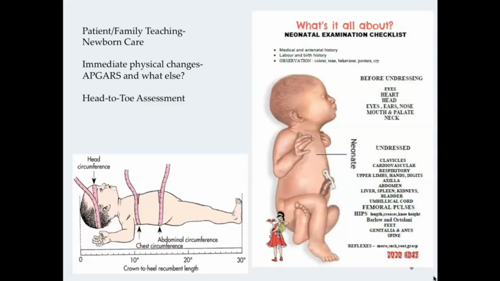You're checking their nose to make sure for nasal patency. You're checking the ears to see if they align with the outer canthus of the eye. If they're low set, that could indicate Down syndrome. And then you're checking their mouth and making sure that it's pink and moist, their mucous membranes are moist.